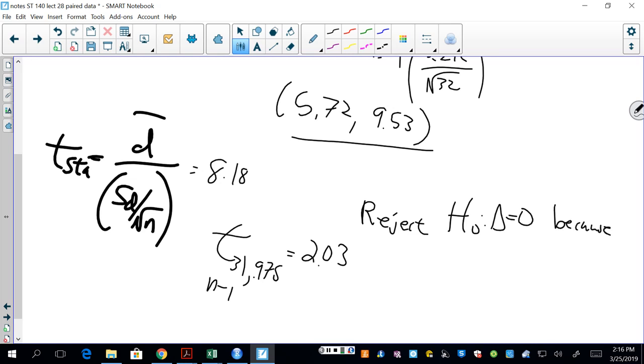One rationale for rejecting it is the t-statistic is so much bigger than our cutoff value. So our average is 8 standard errors away, which just doesn't happen if it's really no benefit, no change.